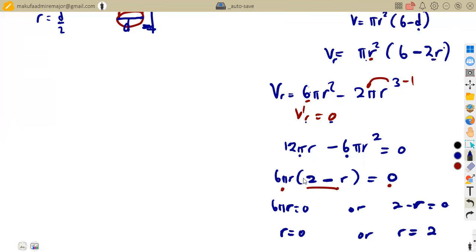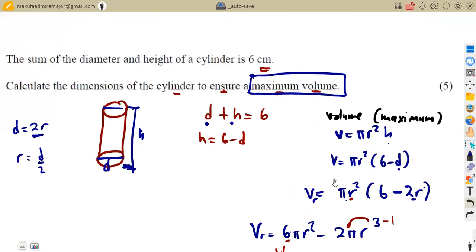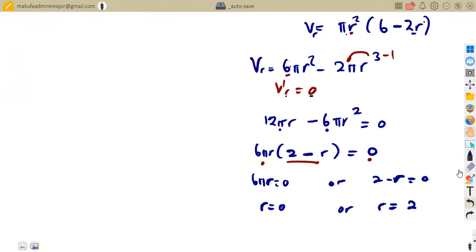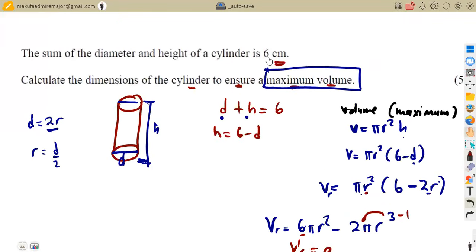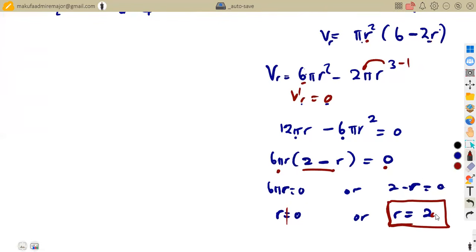But we are talking about a condition whereby this volume has to be maximum, and the radius cannot be equal to 0, since there's nothing there. So the value of the radius is going to be 2, and the units are centimeters, so this is the radius in centimeters.